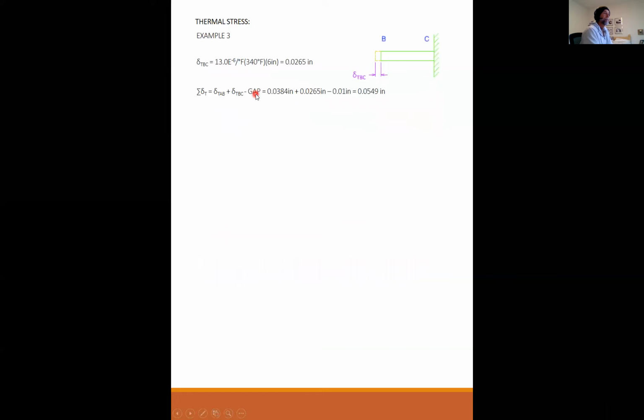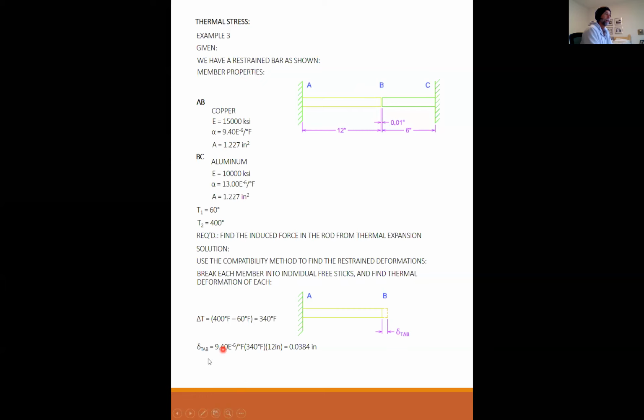Right here, gap would be equal to 0. There would be no gap. And here, delta TBC would be minus 340, so this would be a negative number. And delta TAB is minus 340, this would be a negative number.